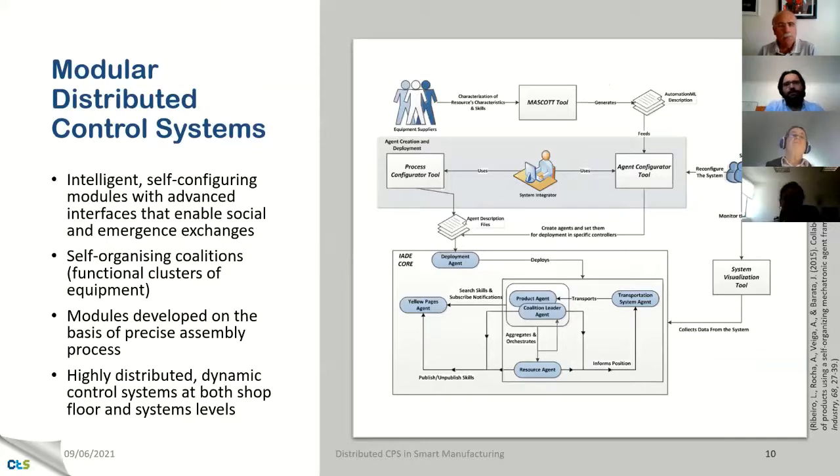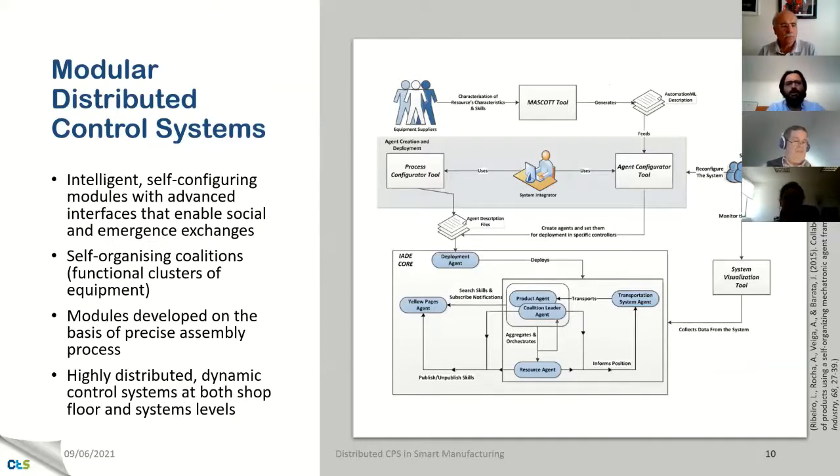The first experiment I want to share with you is this first approach we did in designing modular distributed control systems.